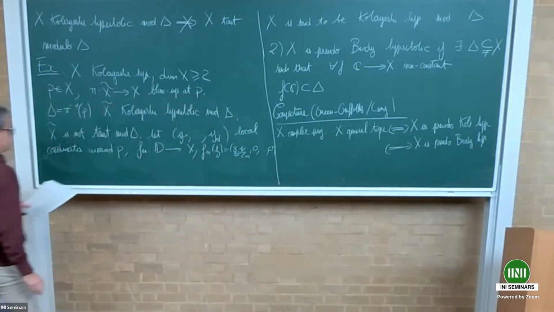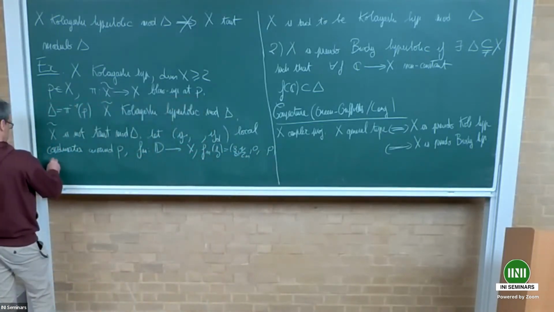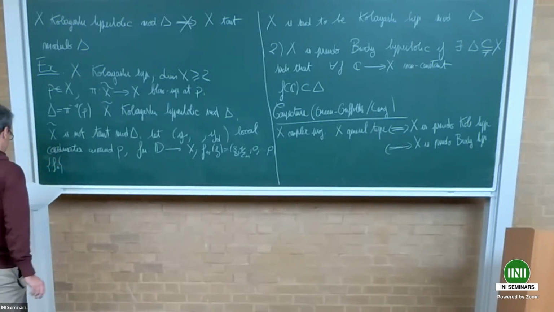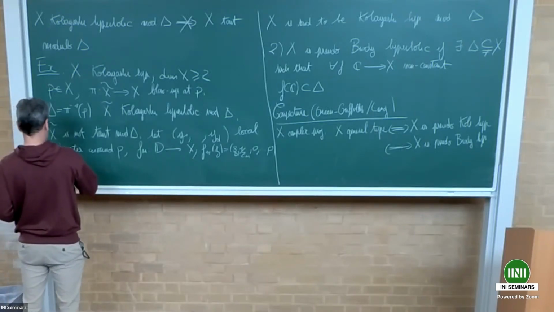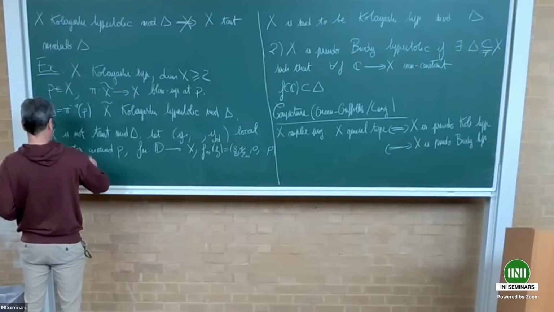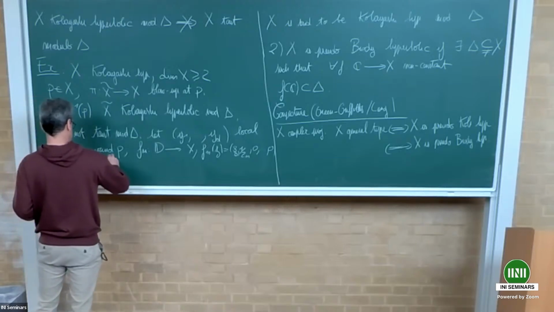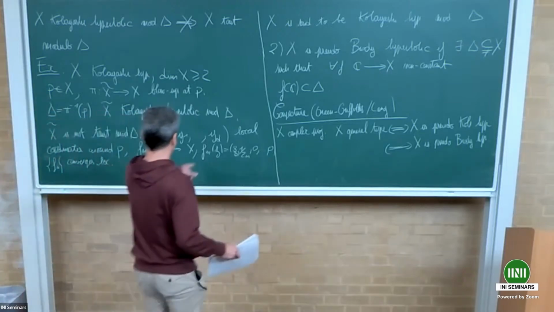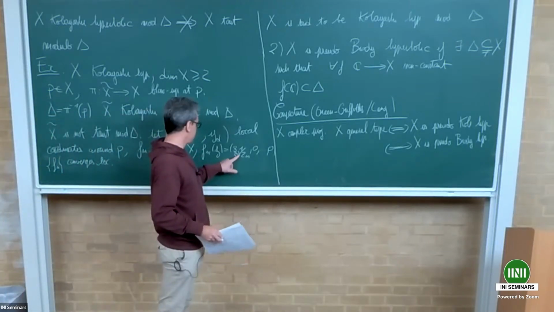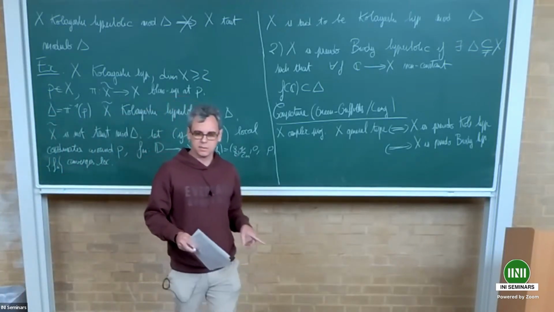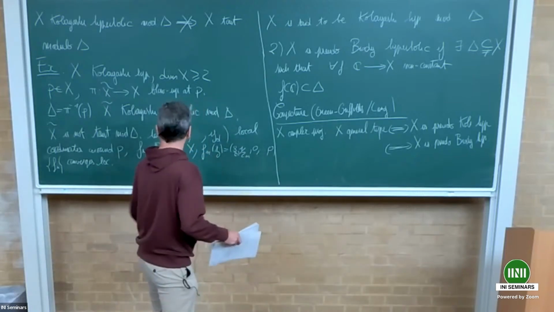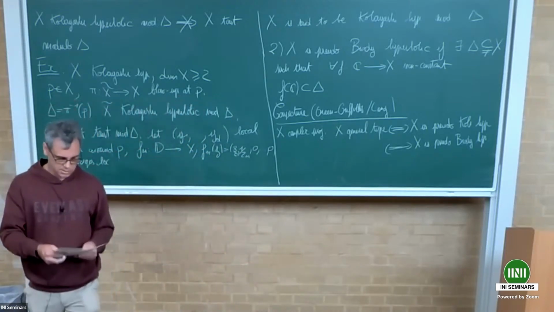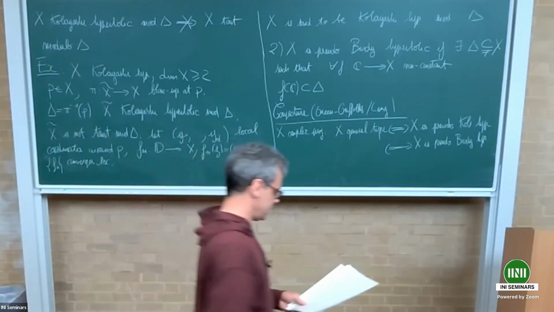Then you see that on X, of course, this sequence locally converges. F_n of z is z and 1 over 2m. So it's a map from the disk to X, and I just take that in local coordinates.